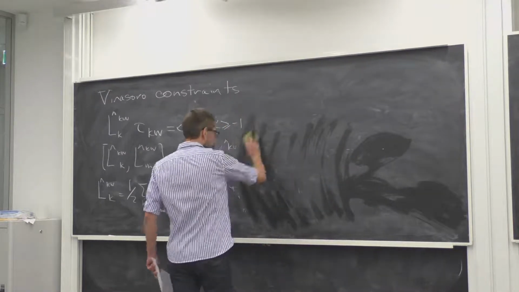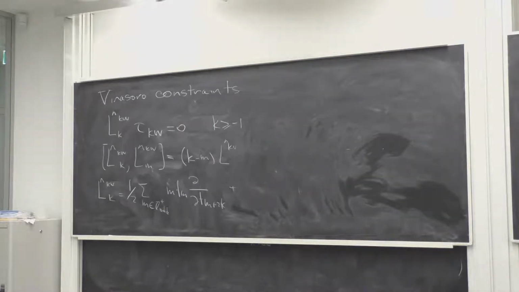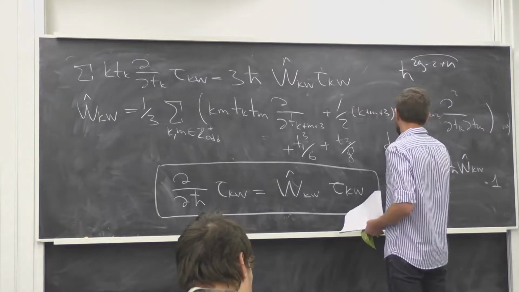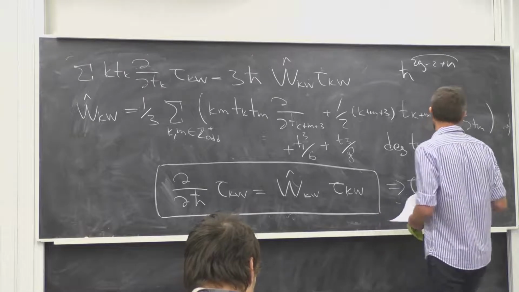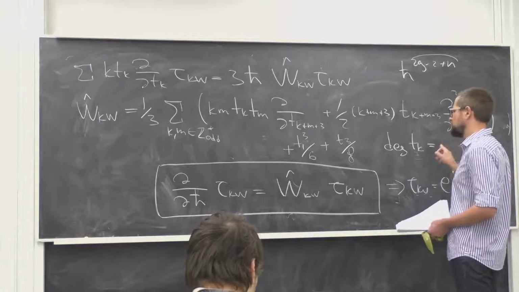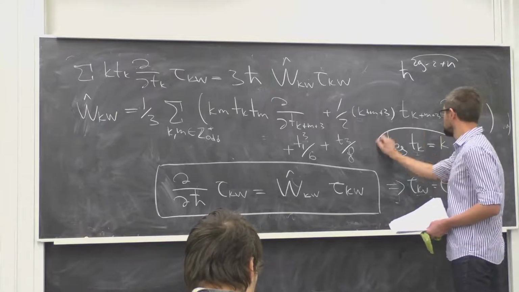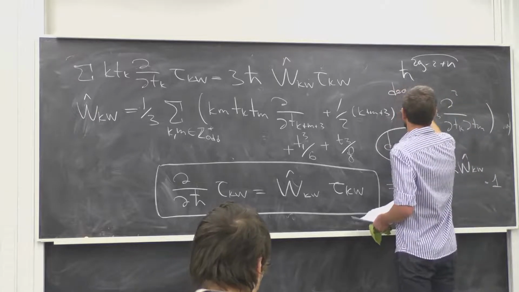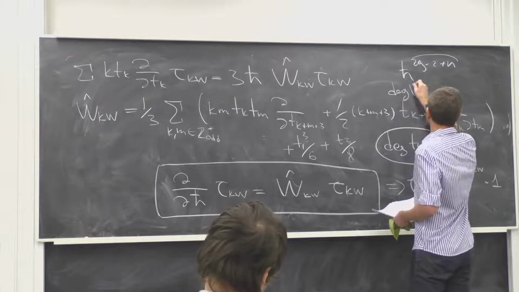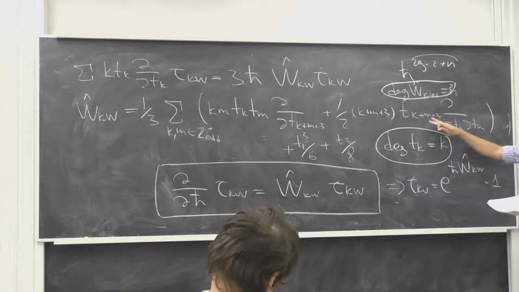Is this operator homogeneous? This operator is homogeneous with respect to which weights? With respect to the weight, the degree of T. So it's an operator of degree 3. So yes, this operator is homogeneous.